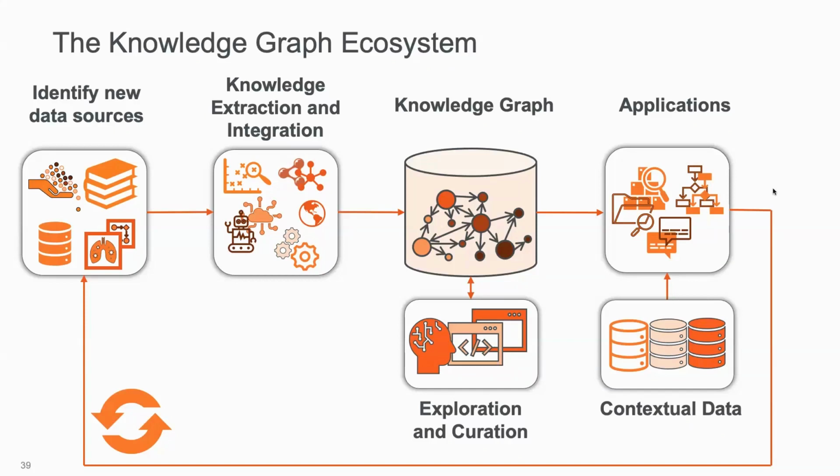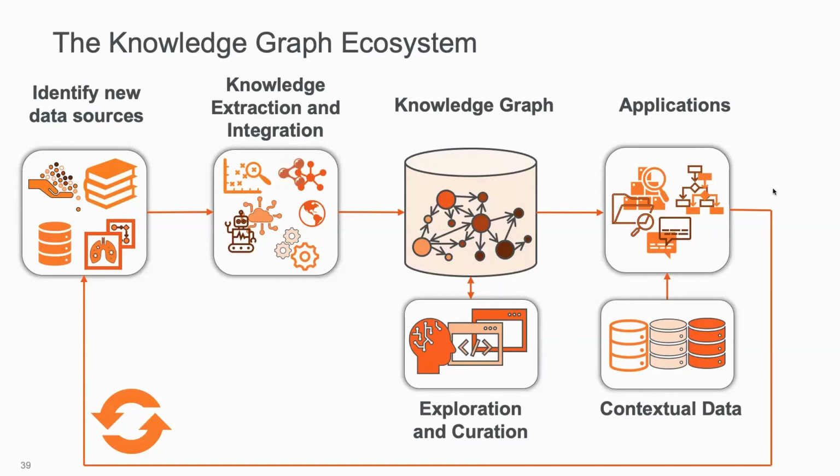So the private data should obviously be stored in secure silos, and there must be methods developed that use the knowledge graph in conjunction with the data stored in those secure silos.